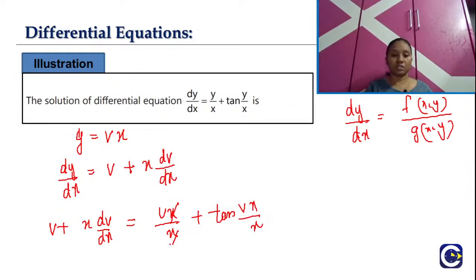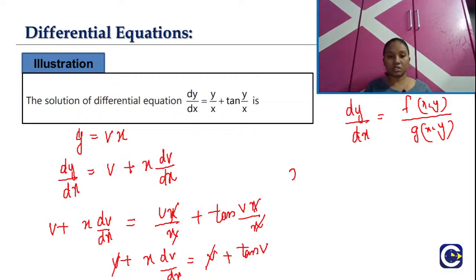Now x will be cancelled and the equation will be v plus x dv by dx equal to v plus tan v, and both sides we are having plus v, that will also get cancelled, and it will remain as x into dv by dx, which is equal to tan v.